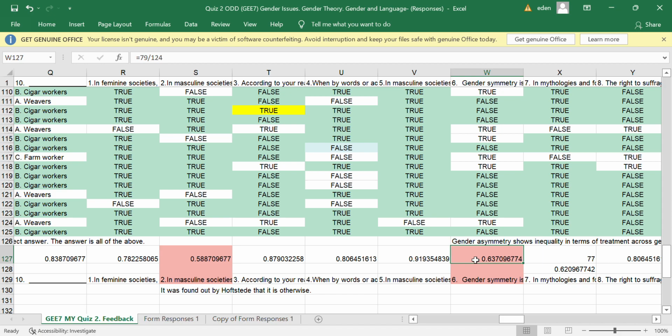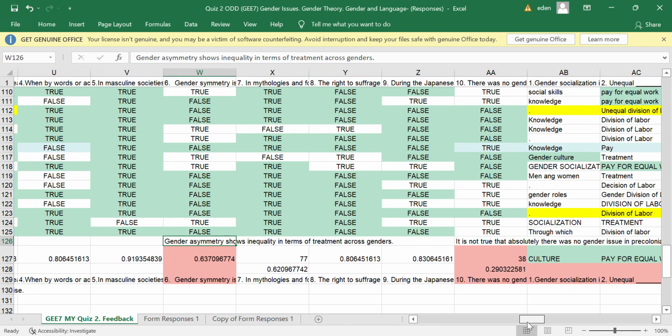Here, only 63% got the answer correctly. And here, you should know what the word symmetry means, because it is asymmetry that would imply inequality, not symmetry. Diba? Kapag may symmetry, may balance. Okay?